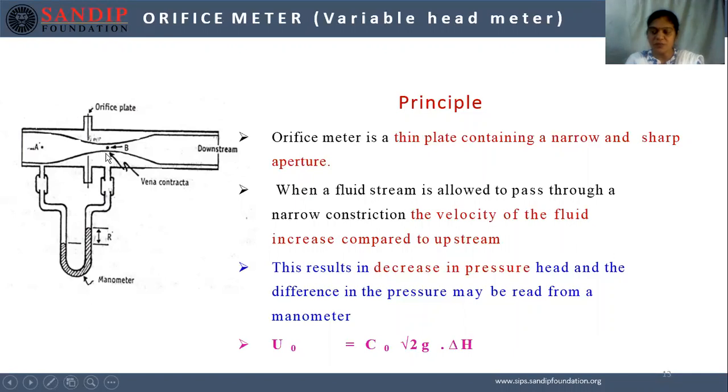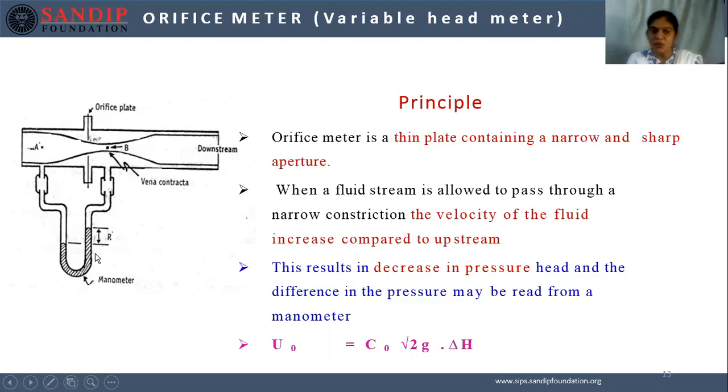It is possible to place the orifice meter on the side or at the bottom, but for the present discussion, this plate is placed in the pipe, and the manometer has to be connected in between the point A as well as B.